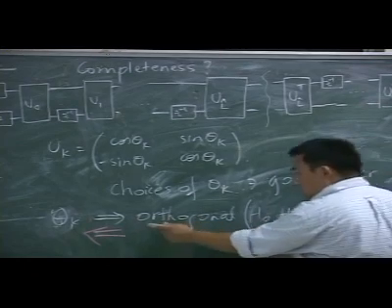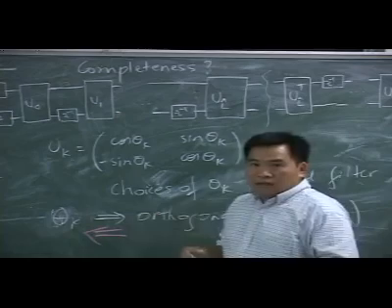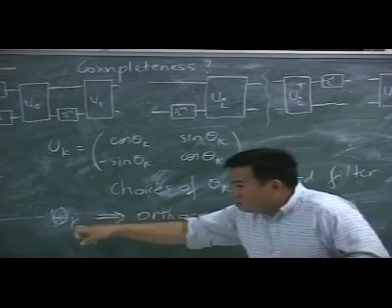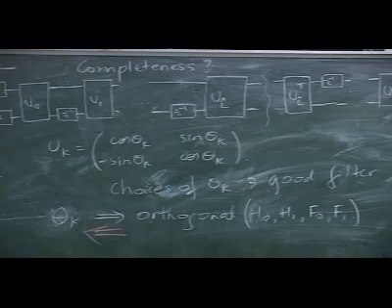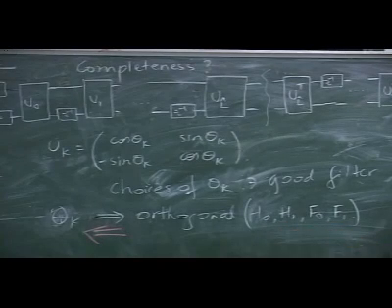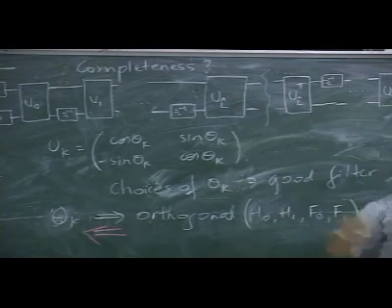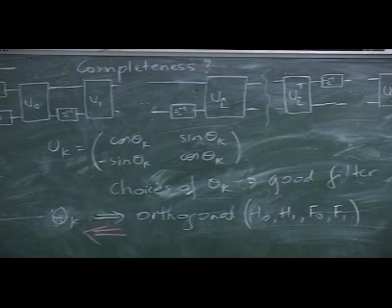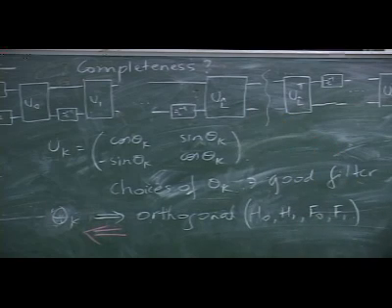Take those filters, it's just orthogonal, and I'm giving that to you. I will say, can you find me a unique set of theta k that represents those filters? If the answer is yes, then your structure is complete, and therefore it's the most general structure. If the answer is no, this is not useful.